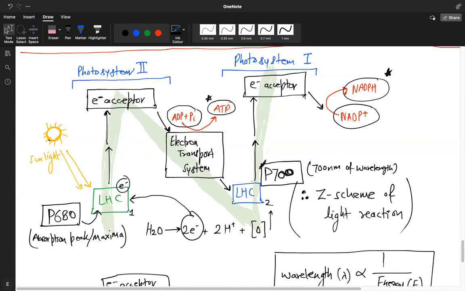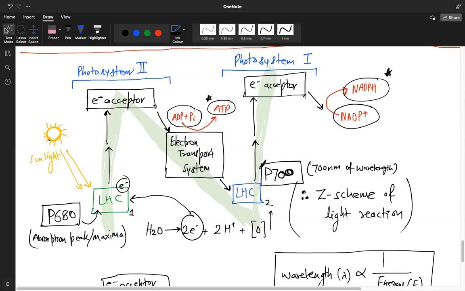More energy, sir. So you would like to get excited by a higher wavelength or a lower wavelength? Lower wavelength? Exactly, because if you get excited by a lower wavelength, you will have higher energy.